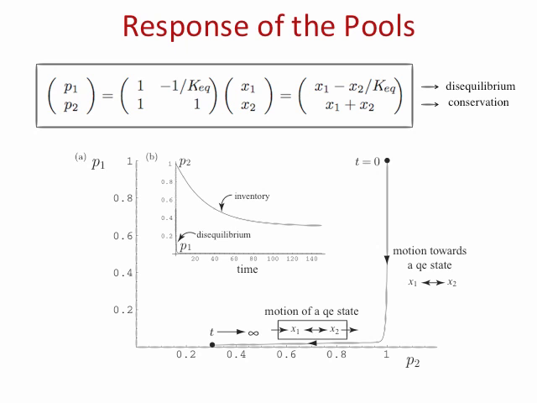Initially, I see a rapid change in P1, which is the disequilibrium pool, towards 0. It's a vertical drop, which comes with a very small change in P2, that is the pool of x1 plus x2. This is followed by a motion along the x-axis in the horizontal direction, where the reaction is in a quasi-equilibrium state, and you see a slow drop in P1, which is the total mass in the system.